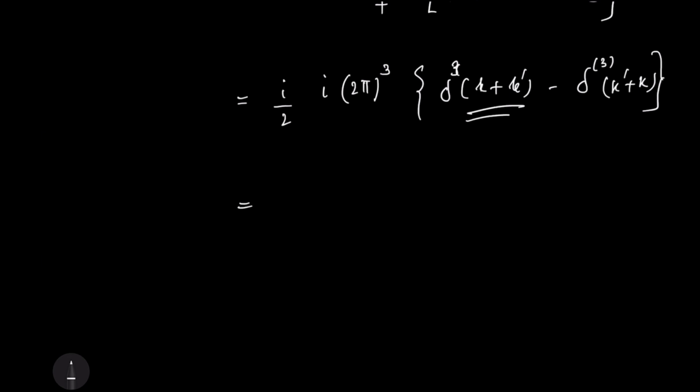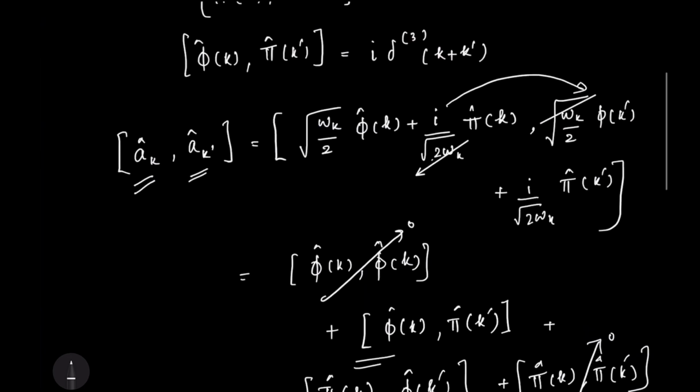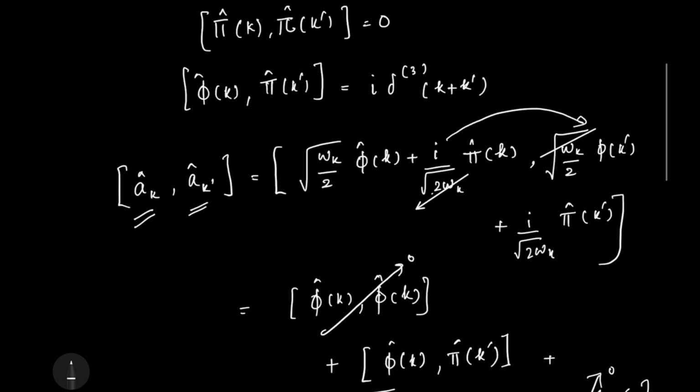These two terms are the same, which means this will be 0. So we get the commutator of a_k and a_k prime equal to 0.